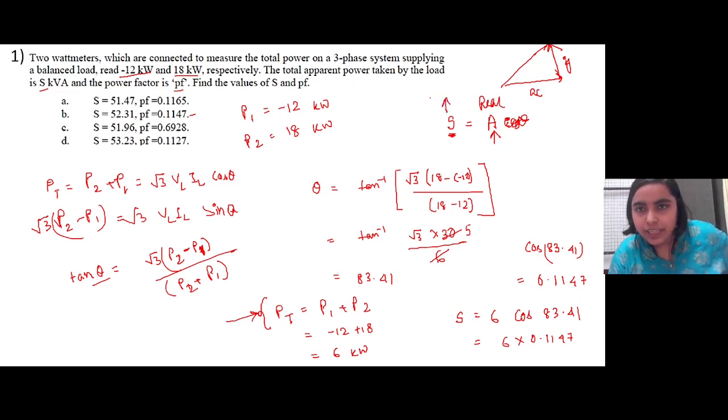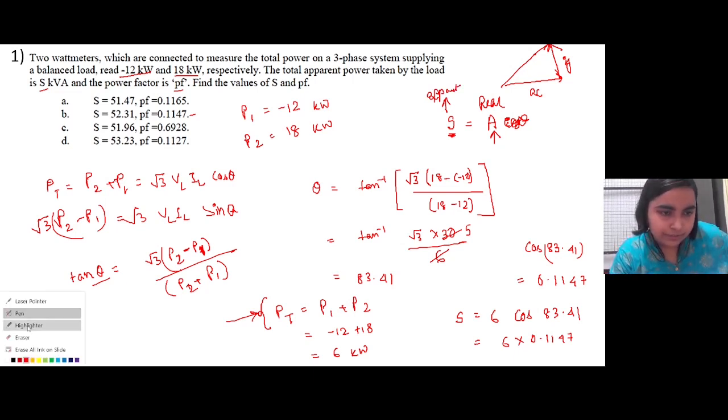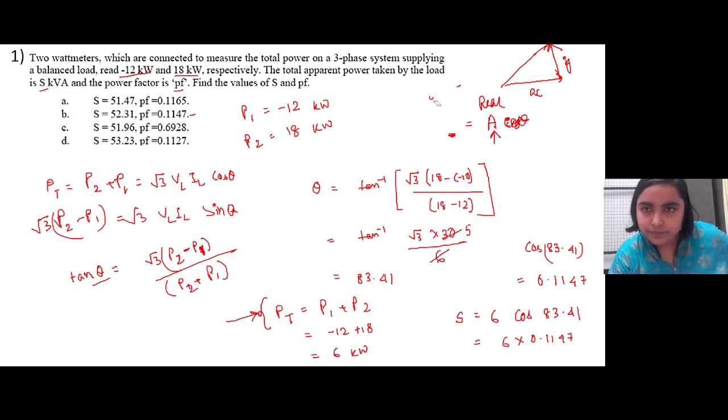This is what we need to calculate as the apparent power. I wrote this relation wrong, sorry.